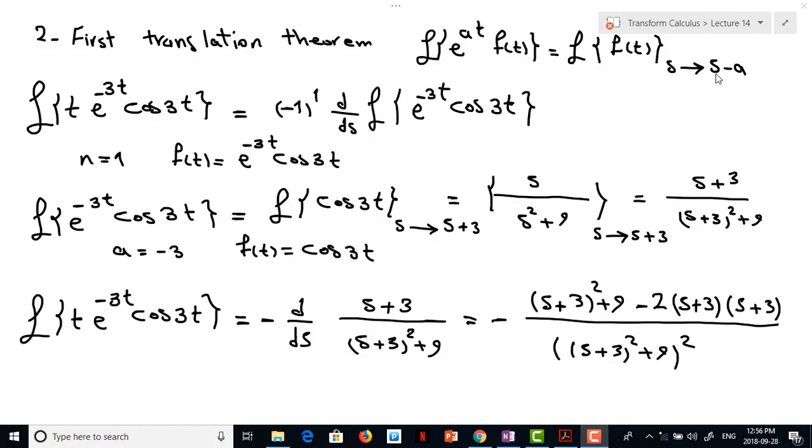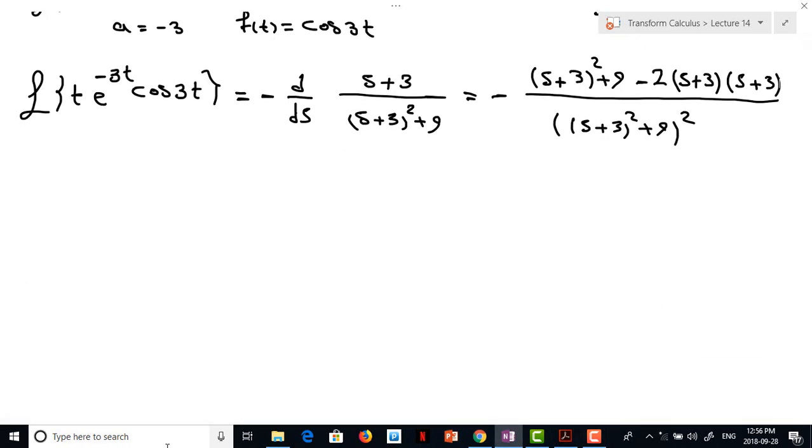In order to refresh your memory for finding the derivative of fractions, I just write the formula here. Just note it's not related to the example that we have.